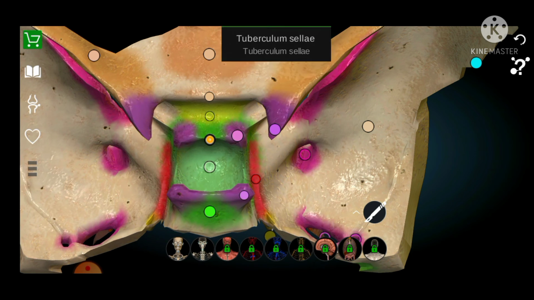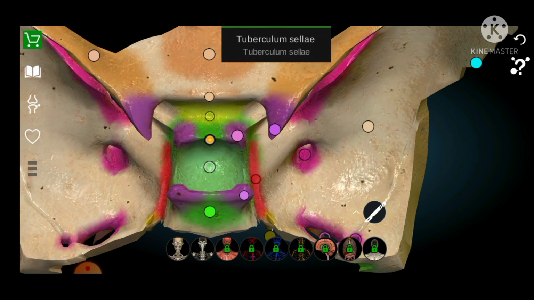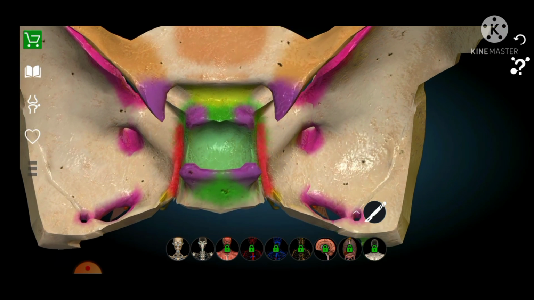This is the middle clinoid process. This is the tuberculum cellae. Lesser wing of sphenoid. This is the limbus of sphenoid. Perichiasmatic sulcus. Tuberculum cellae. This is hypophyseal fossa. Sella turcica.